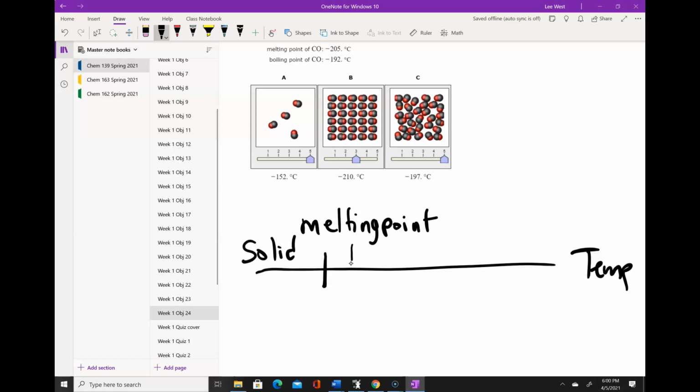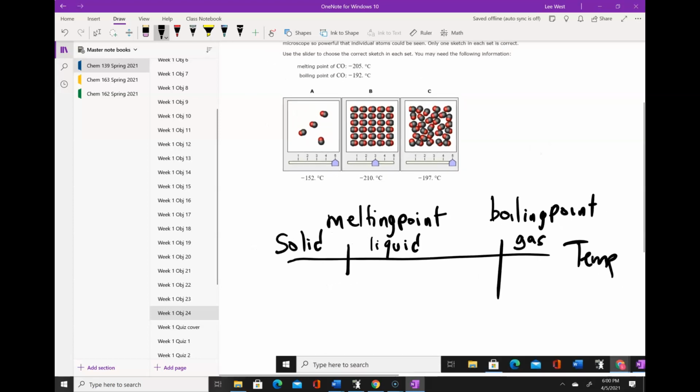If I'm at a temperature greater than the melting point, I'll have a liquid. Then I'm going to mark a second temperature, called the boiling point. At temperatures greater than the boiling point, my substance will exist as a gas. And at temperatures lower than the boiling point, you guessed it, it'll be a liquid.